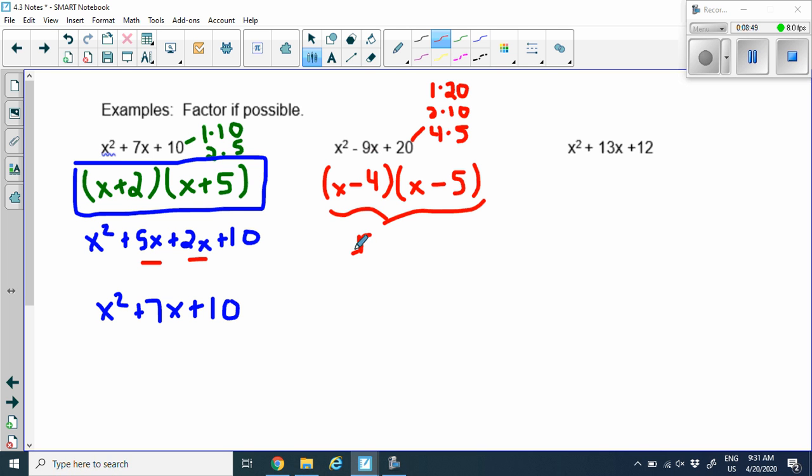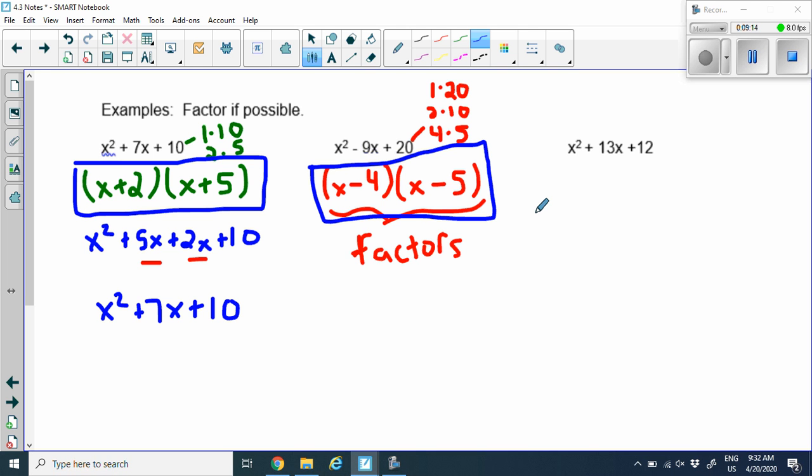I'll be using that term quite a bit whenever we factor. That's why we call it factoring. So these are factors because when I multiply, I get this back here, okay? So remember that, especially when we get into using factoring to solve quadratic equations.